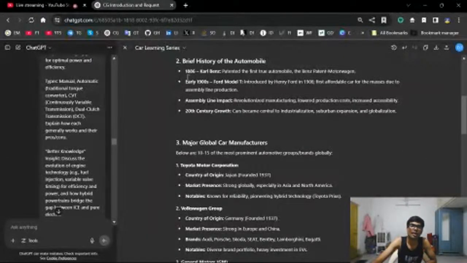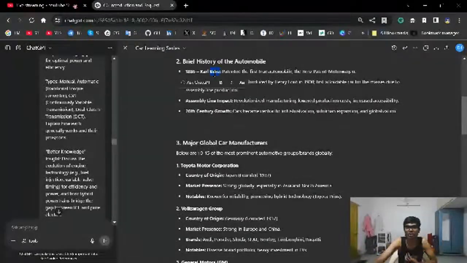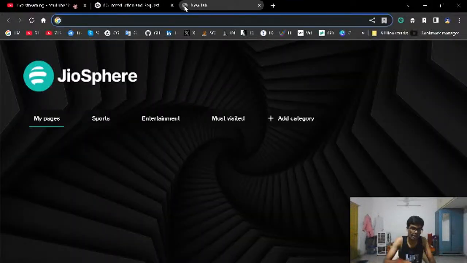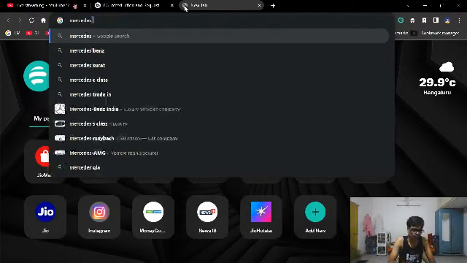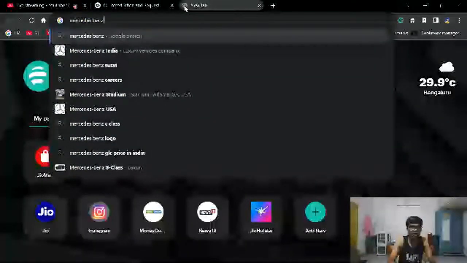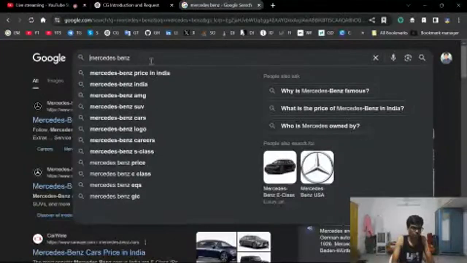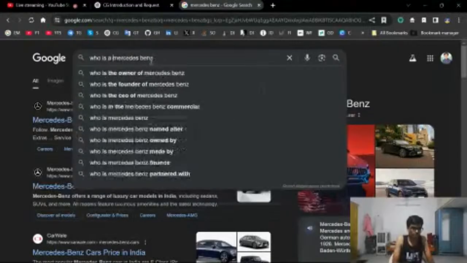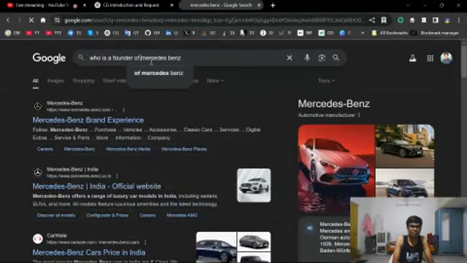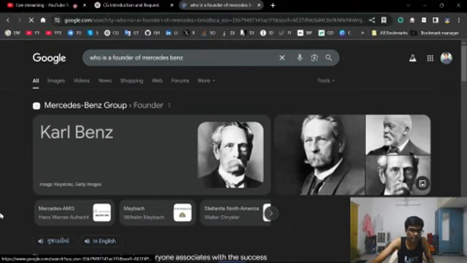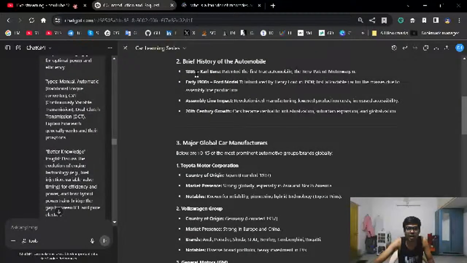A brief history of the automobile: 1886, Carl Benz. From Benz you may know Mercedes-Benz. Who is the founder of Mercedes? Carl Benz. In the 1880s Carl Benz patented the first true automobile, the Benz Patent Motor Wagon.